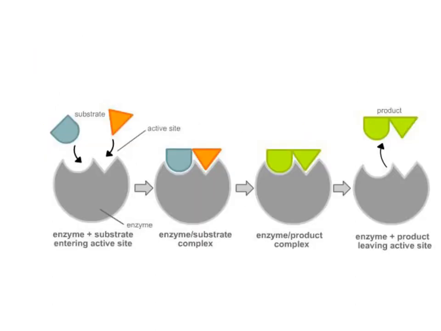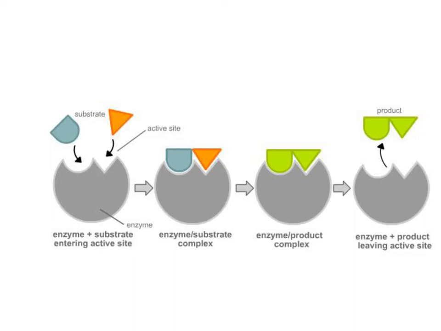Here is another picture representation of how an enzyme works. Usually an enzyme is waiting for a substrate to come along that is going to fit into its active site. Enzymes are specific, meaning they only work on certain substrates because they fit the active site. This enzyme is waiting for these two specific substrates to come along because they fit right here in the active site.